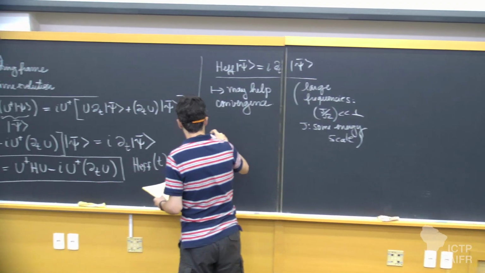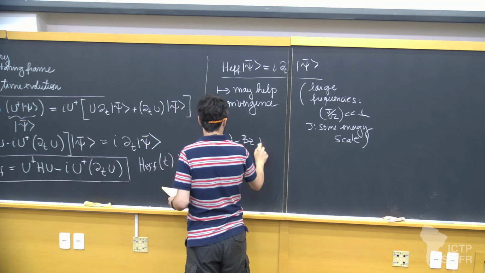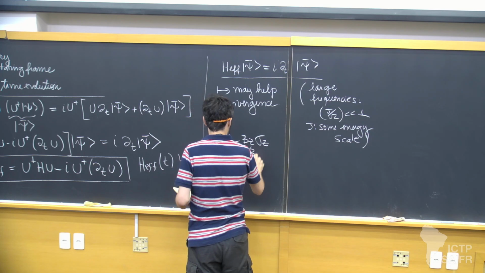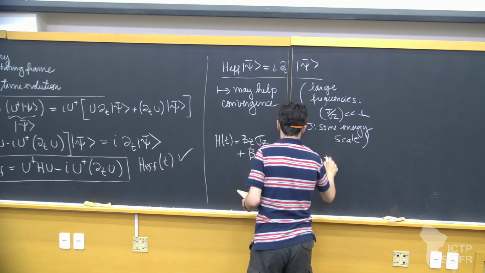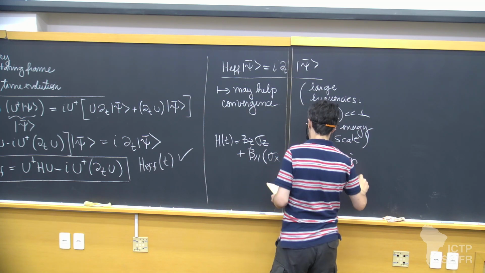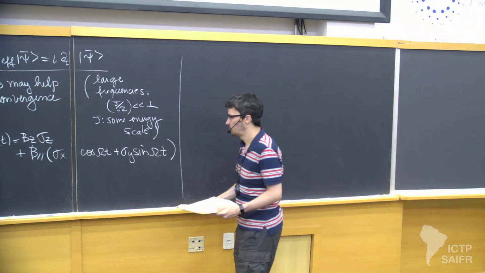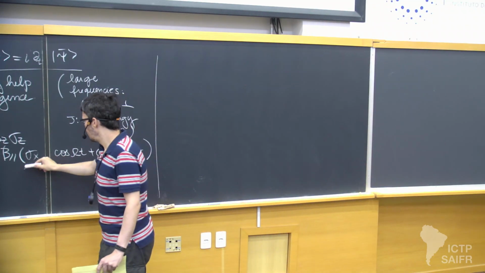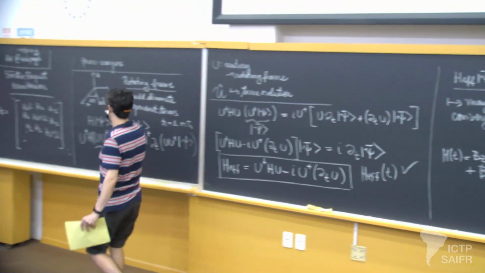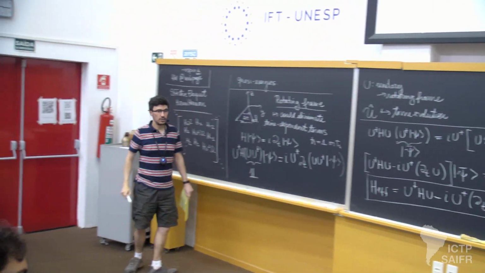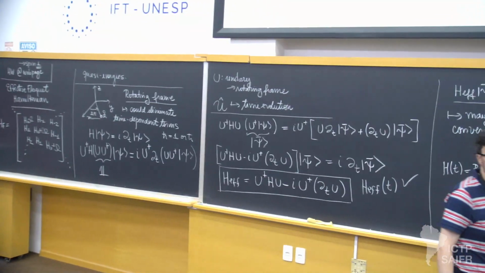So yesterday, recall that we have a Hamiltonian for a spin 1/2 of the following form: Bz sigma z plus b parallel times sigma x cosine of omega t plus sigma y sine of omega t. This term here is rotating exactly like this, so we have hope that we can eliminate the time dependence completely, and we can in fact do that.